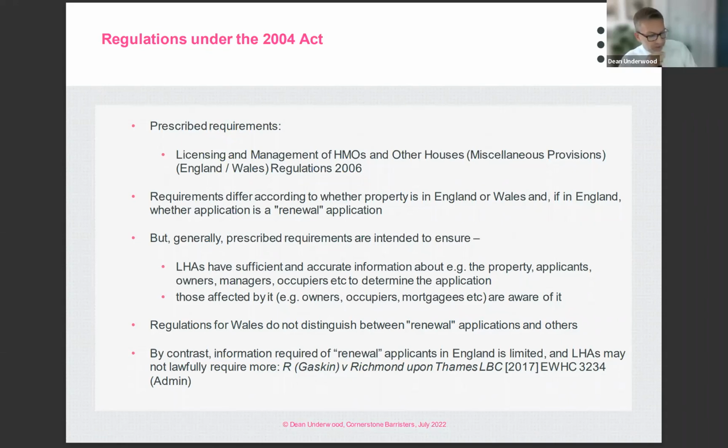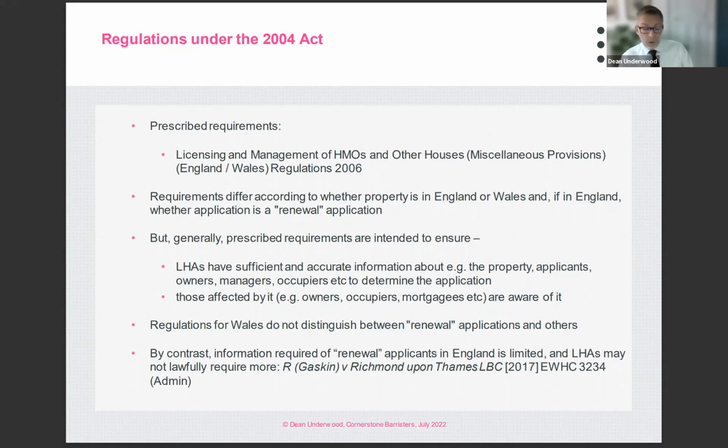So paragraph 36 and 7, Lord Justice Bean says as follows: Section 63, subsection 6c provides that such regulations may specify the information which is to be supplied in connection with applications. The use of the definite article is highly significant. The words specify the information which is to be supplied mean that it is only those items of information listed in the regulations whose provision can be made mandatory by the local housing authority.